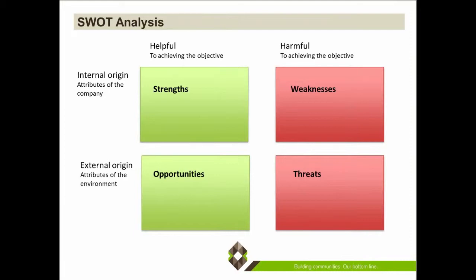The weaknesses are what is harmful in achieving your objective. Does it have high debt? Is it in a market that is very competitive? And then we're looking at opportunities, which is external, which is part of the environment.